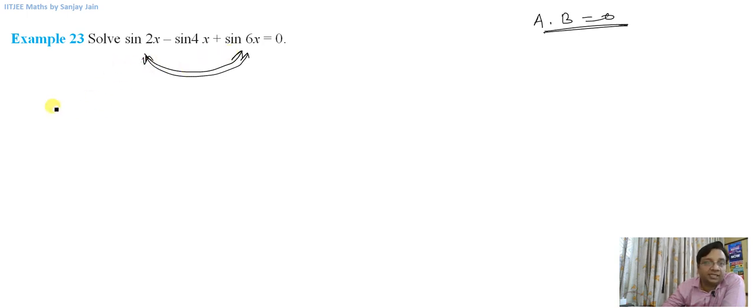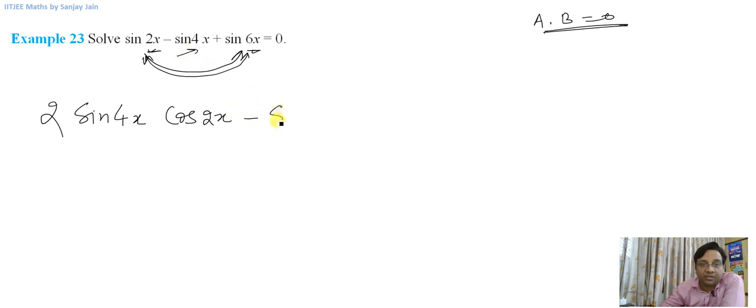Sine c plus sine d will give me 2 sine of (c plus d) by 2, that is 2x plus 6x, 8x by 2, 4x, cos of (c minus d) by 2, so 2x minus 6x is minus 4x, by 2 is minus 2x, but this is cos, so either you write minus 2x or 2x, it is one and the same thing. And then there is this term which is minus sine 4x, and it is equal to 0.